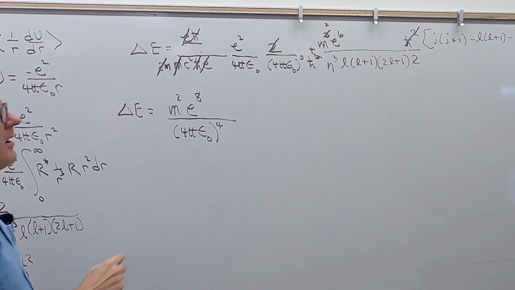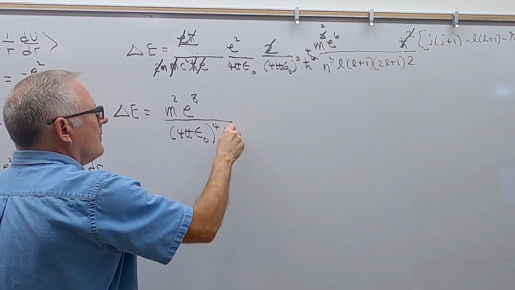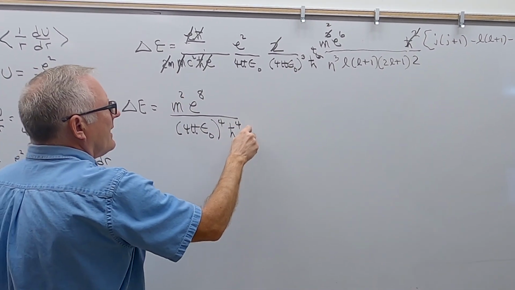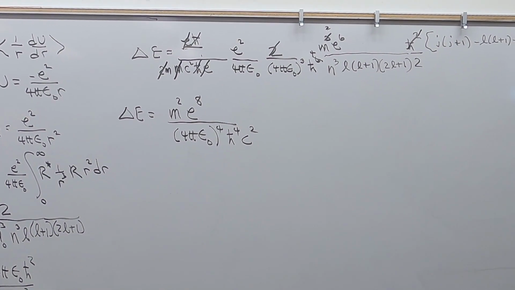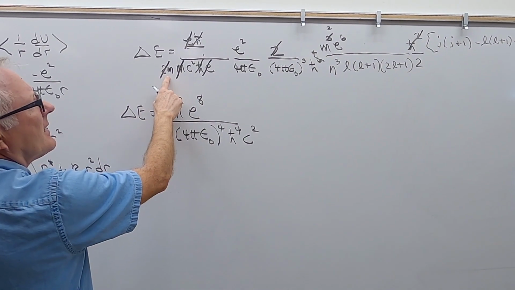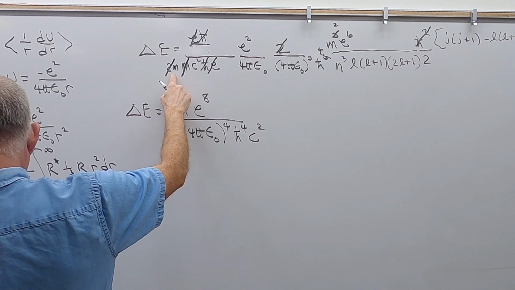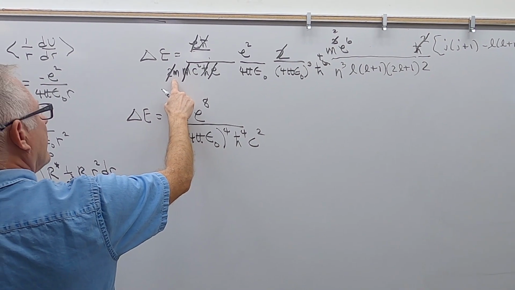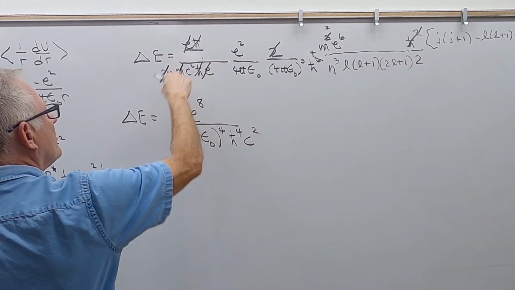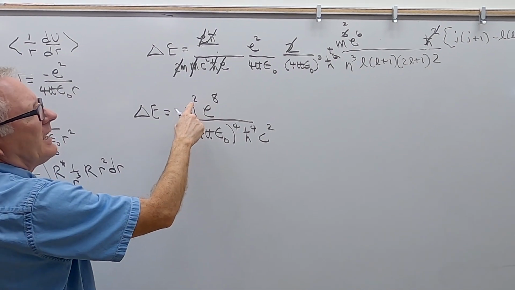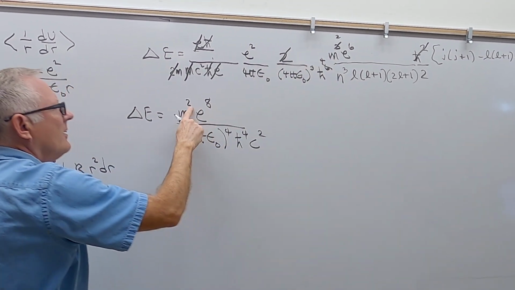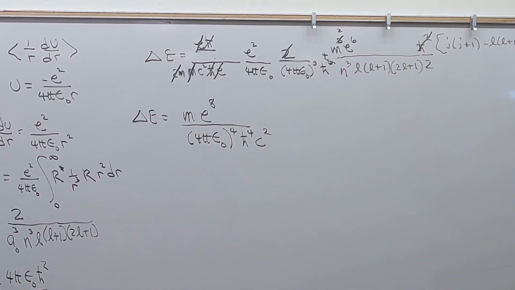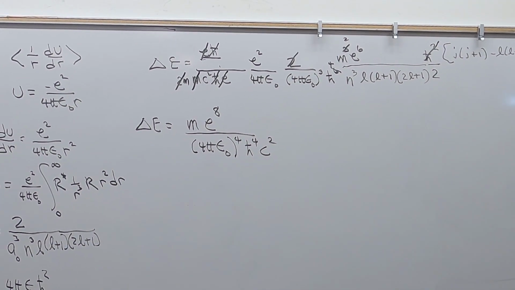We have an h bar to the 4th. We have a c squared. And this m, I guess there was another m right there, because that came from the 2m. So that's only m to the 1 power, because there's m squared there, and we had m cubed. So it's just m right there.